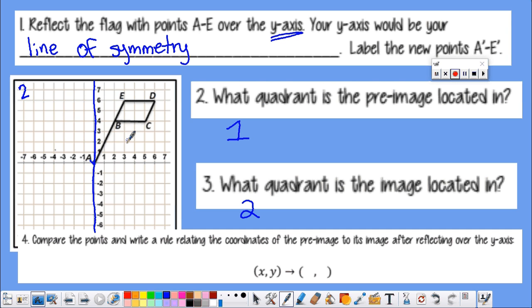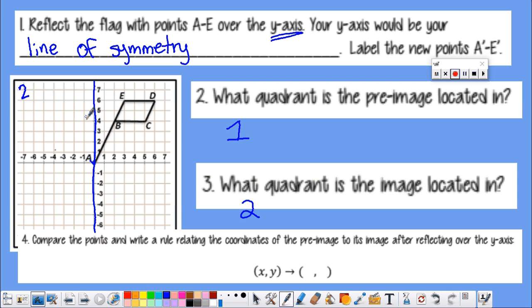Okay, so now, just as if we were reflecting or folding across that line, it needs to be equal distances, right? So each of these points needs to be equal distances to the line of symmetry. So for example, B is 2 units away from the line of symmetry.